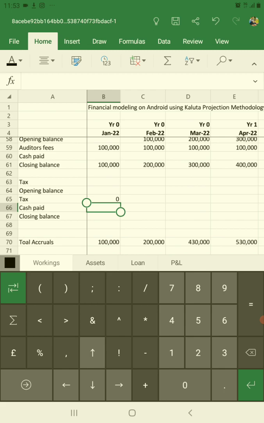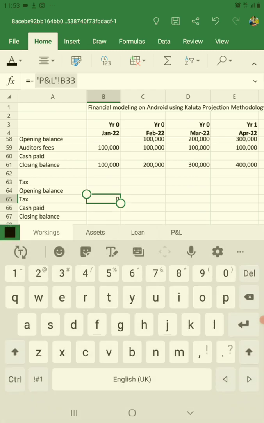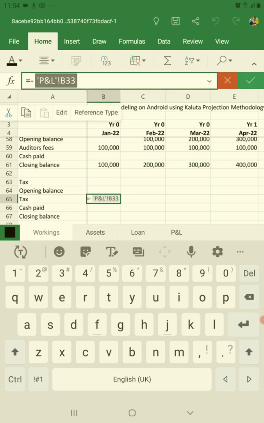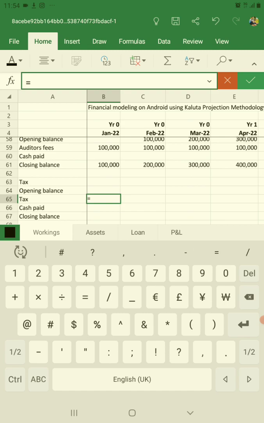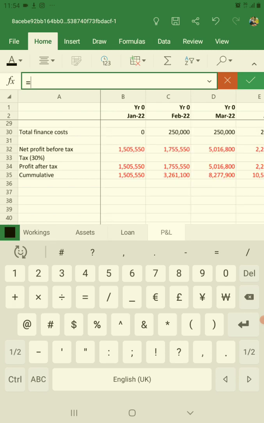Sorry, we are talking about the tax accrual here, so it should be a positive one because we are accounting for accruals. So we start with equal sign and pick the P&L and tax figure accrual, which is here, enter.